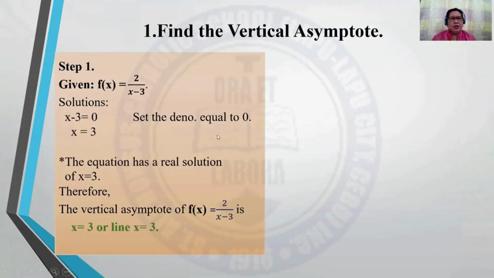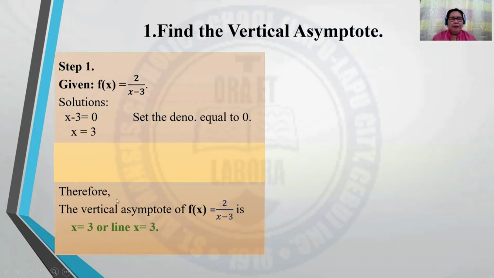So, the solutions are, given the rational function, you have to look at the denominator, x minus 3, equate it to 0. Transpose negative 3, you will have 3. Therefore, the vertical asymptote of f of x is equal to 2 over x minus 3 is x equals 3 or line x equals 3.